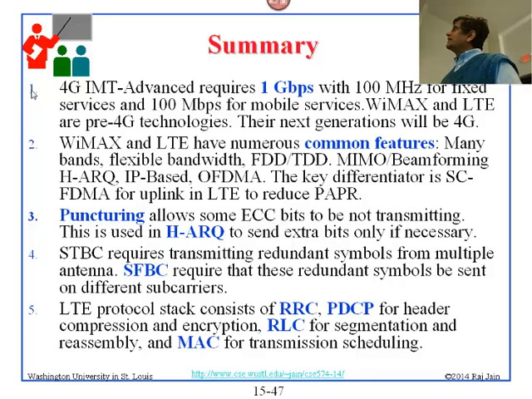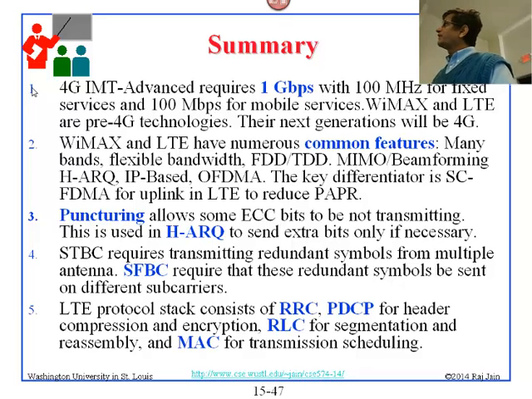FDD, TDD, frequency or time division duplexing, MIMO and beamforming, HARQ, IP based, both of them are IP based. That's another good thing. OFDMA, the key differentiator is SC-FDMA, which is actually a special case of OFDMA. That is called DFT pre-coded FDMA.